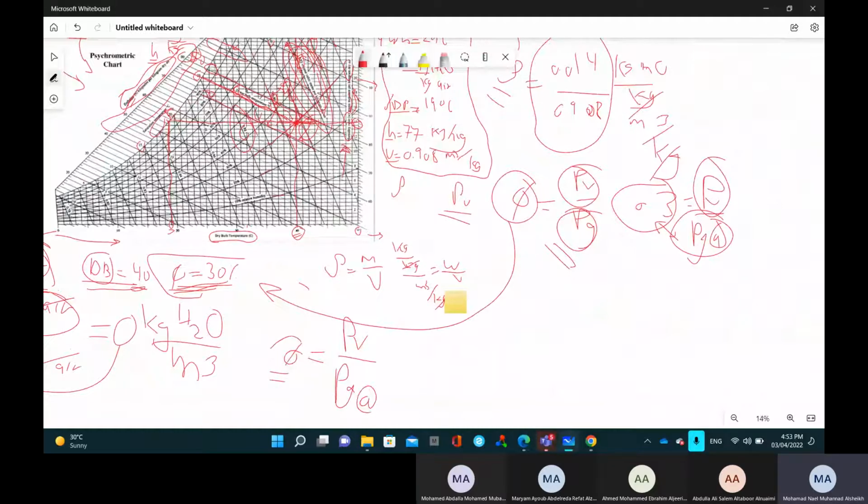The relative humidity is either given or we can find it directly on these lines, by doing the intersection. Then after deciding the relative humidity, the PG at the operating pressure, which will usually be the atmospheric pressure, we go to the thermodynamic tables and find PG.